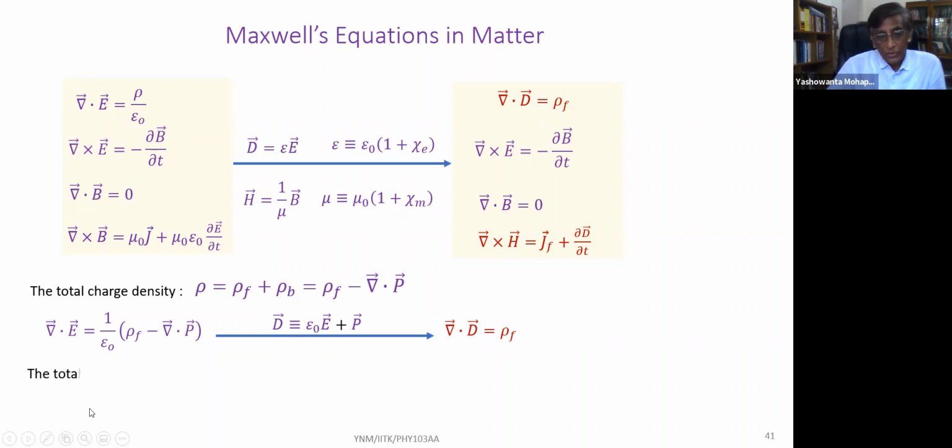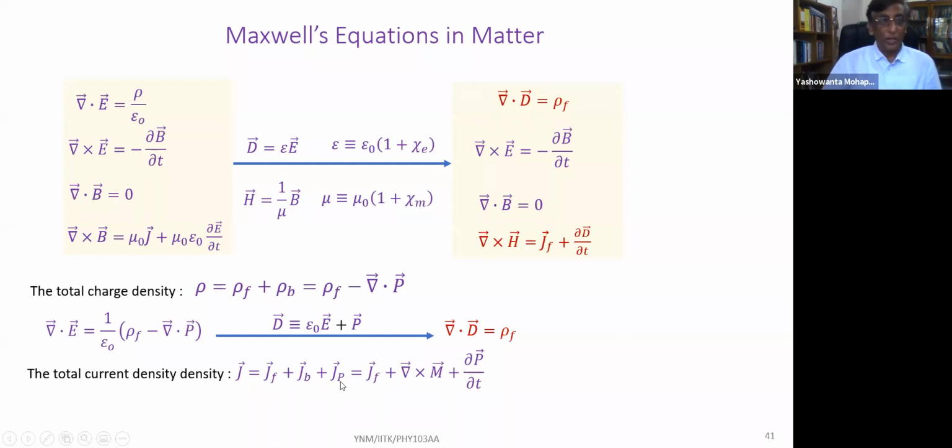Okay, now the total current density J is equal to the free current plus the bound current. I'm introducing another possible current which is called the polarization current, which is not because of the del cross M, the bound current that we have seen.